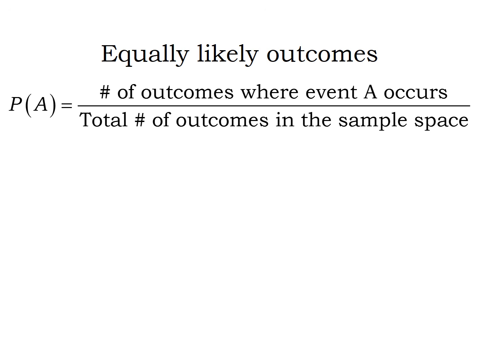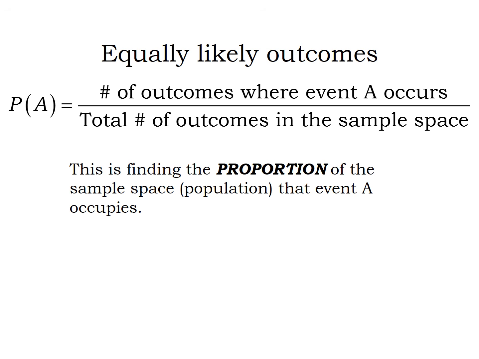And again, this is where we get the terminology I used earlier about counting problems. If we can just say there's this many to choose from, and here's how many of those give me what I'm looking for, we have our probability, when every item in our population or sample space is equally likely to be the one we end up with.